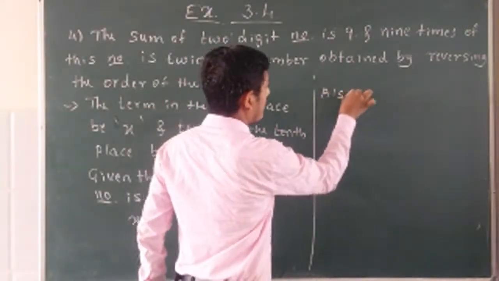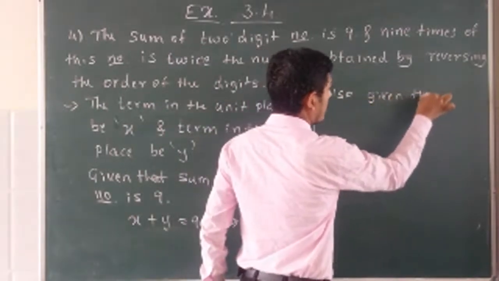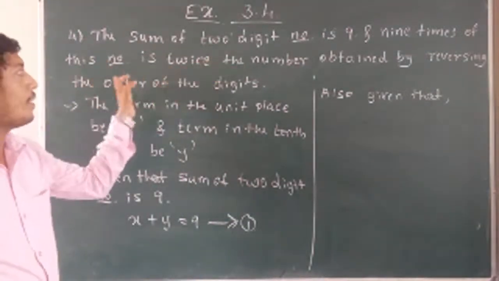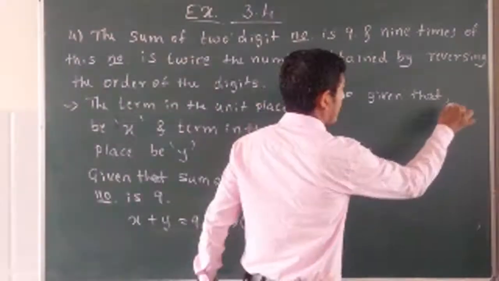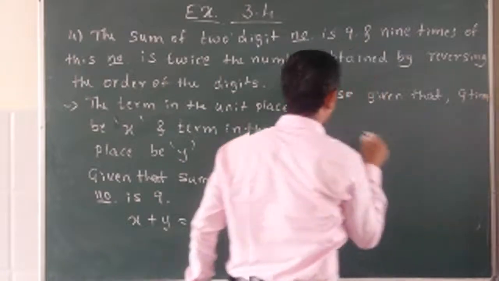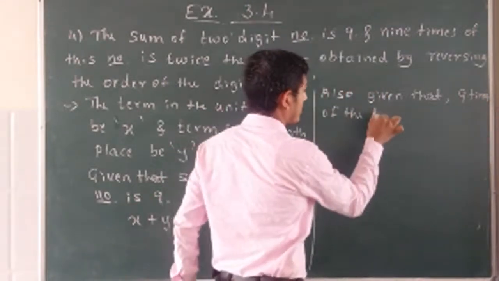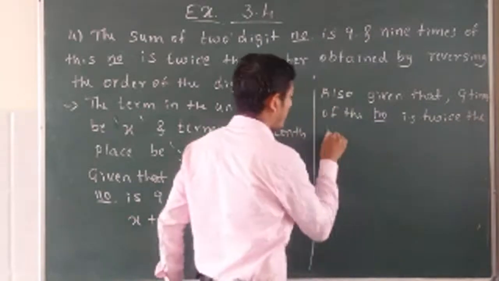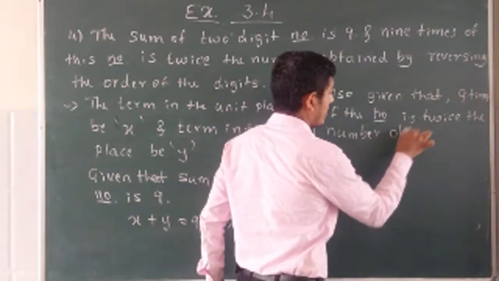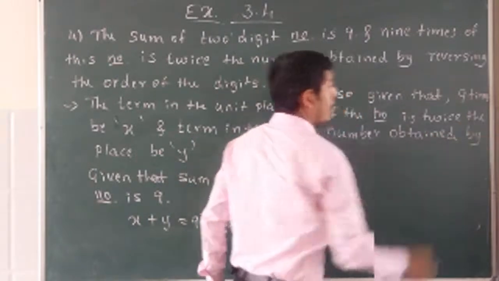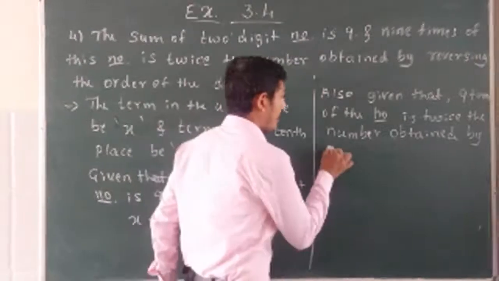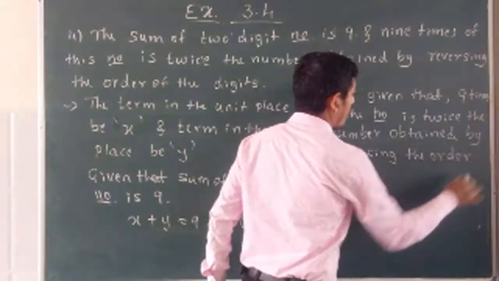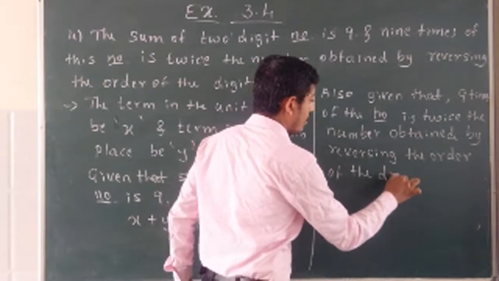Also given that 9 times the number is twice the number obtained by reversing the order of the digits.